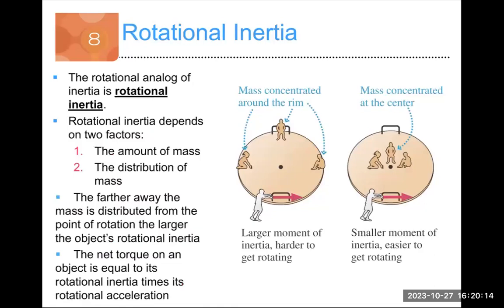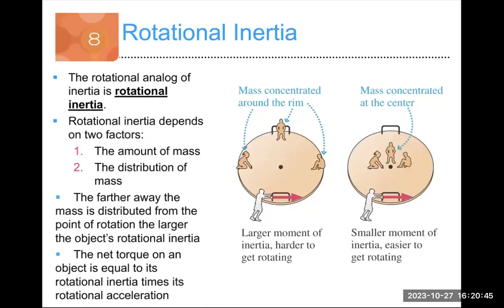Notice in the first picture, the mass is concentrated around the rim, so it's a lot harder to get that merry-go-round to spin, whereas in the picture on the right, the mass is concentrated in the center, so it's easier to get it to start spinning. So the farther away your mass is located from the point of rotation, the larger your rotational inertia.